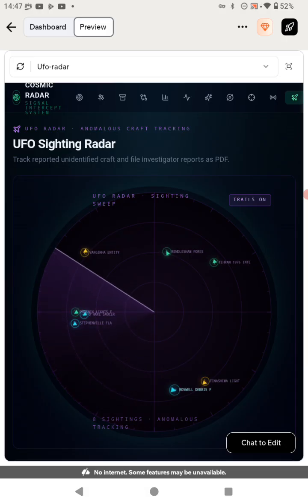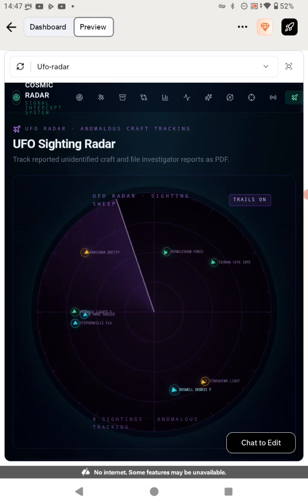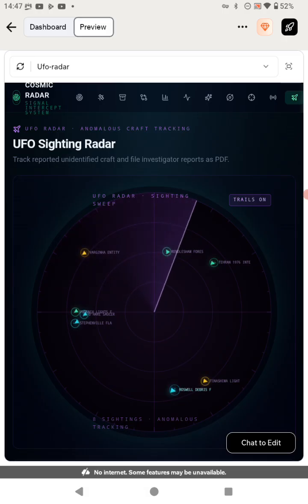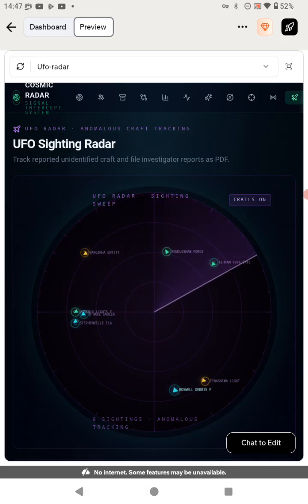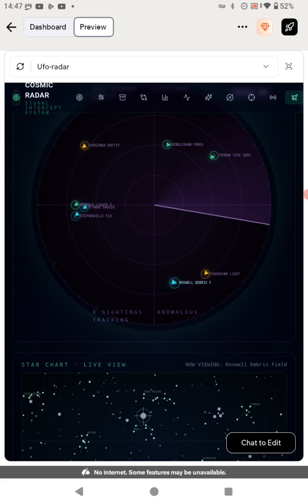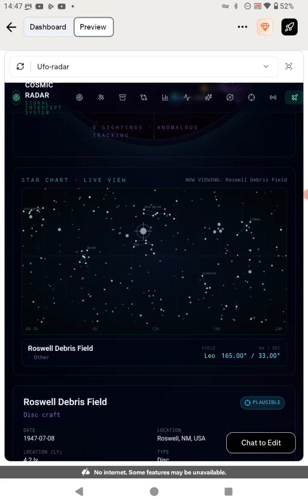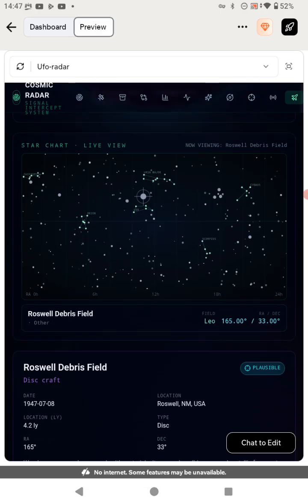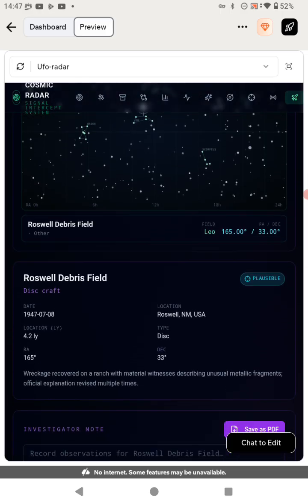It's like a comet, asteroid, meteor shower. Those will all be classified as UFO sightings, pretty much. And then again, you got the star chart. This is where we're looking at right now. That's our location to what we see in the radar.